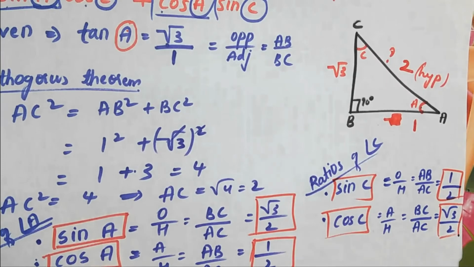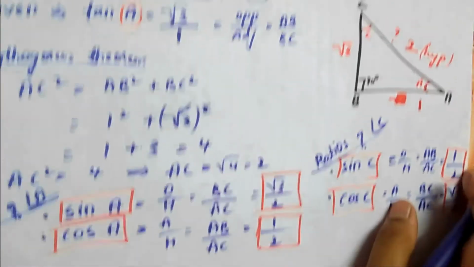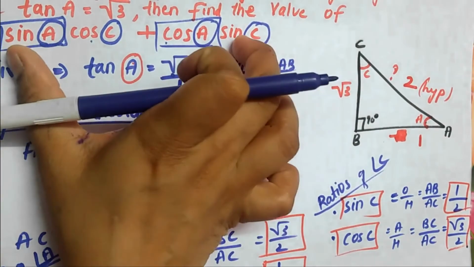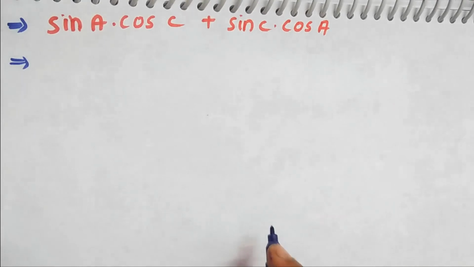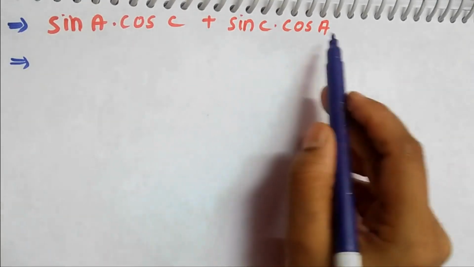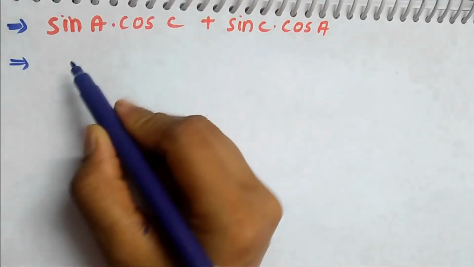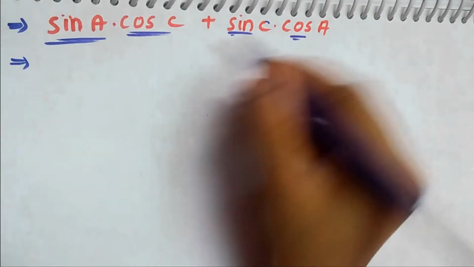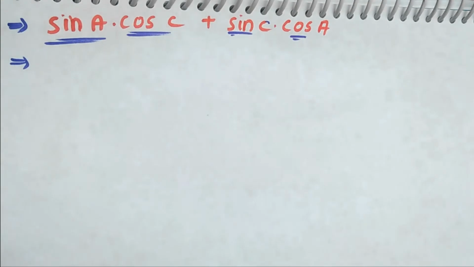And cos C. Now the simplest thing is to put these values in the formula which is already given. We are simply copying the question and writing the answers for each thing we have already arrived at. What is sin A?